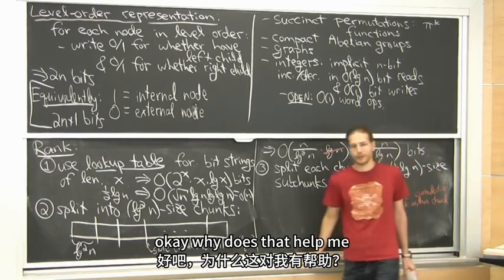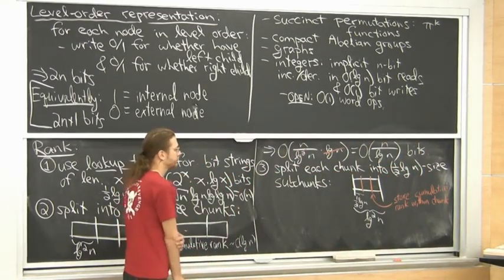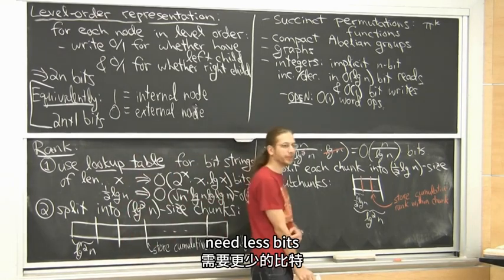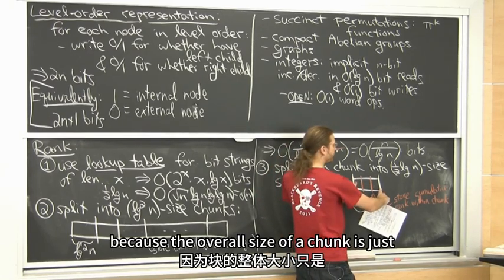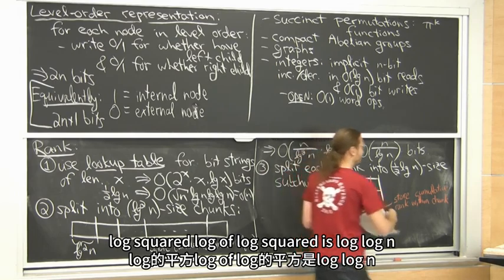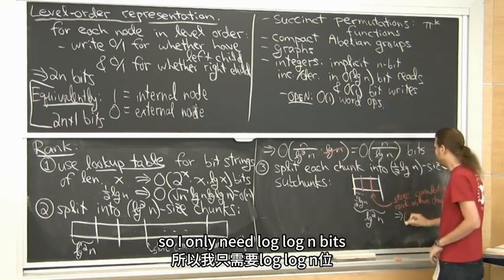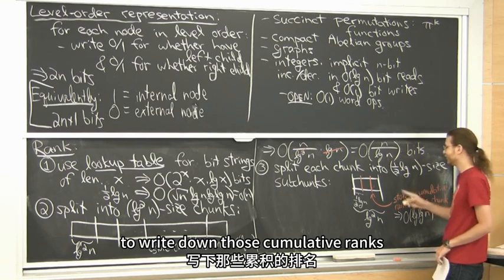Okay, why does that help me? Need less bits. These ranks can't get too big because the overall size of a chunk is just log squared. Log of log squared is log log n. So I only need log log n bits to write down those cumulative ranks.